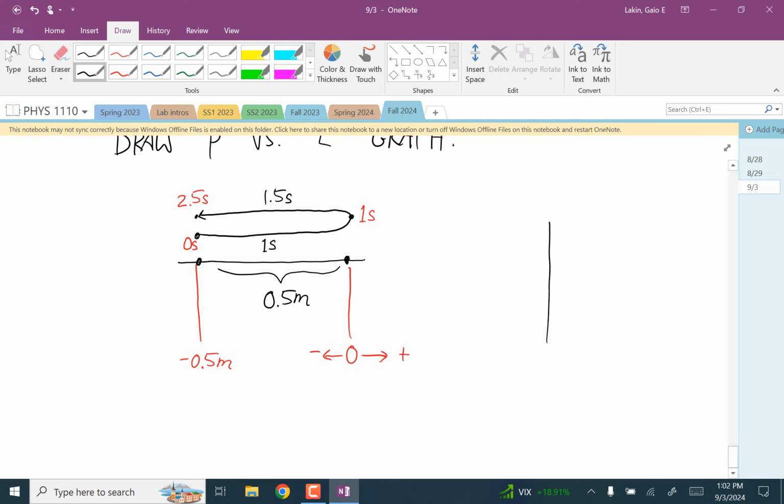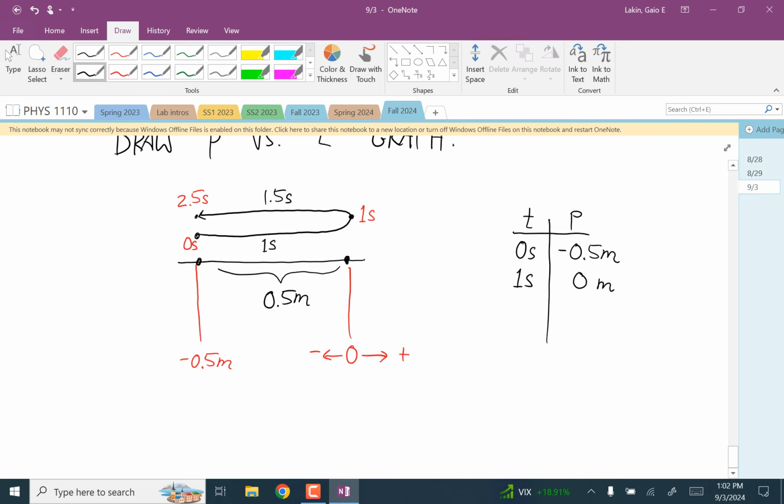And now I'll write out the table. The first point we know everything about is at 0 seconds, and the position is negative 0.5 meters. The next instant we know is at 1 second, and the position is 0 meters.